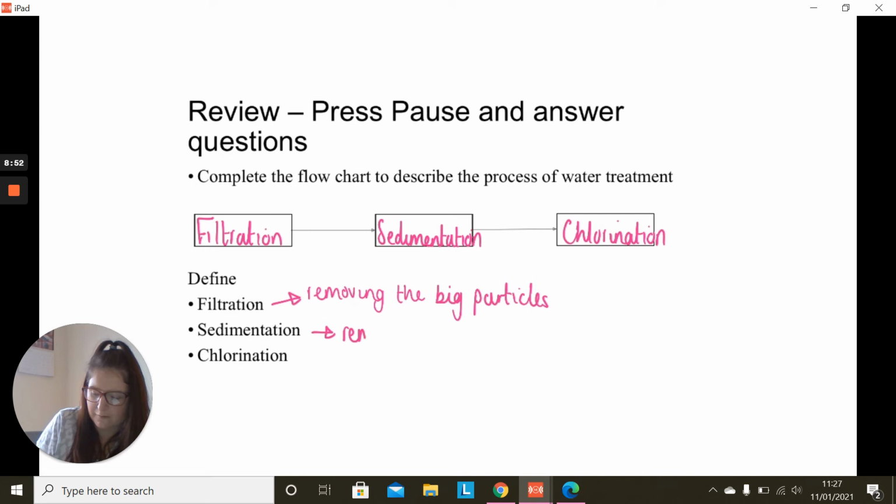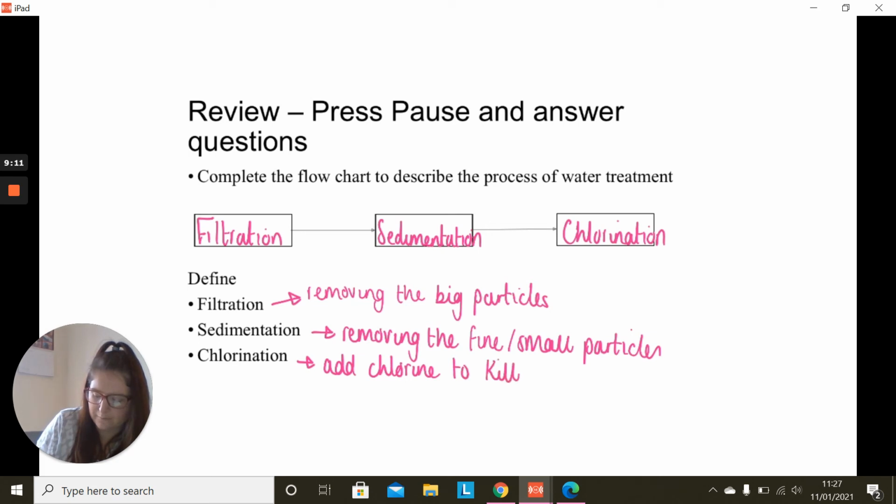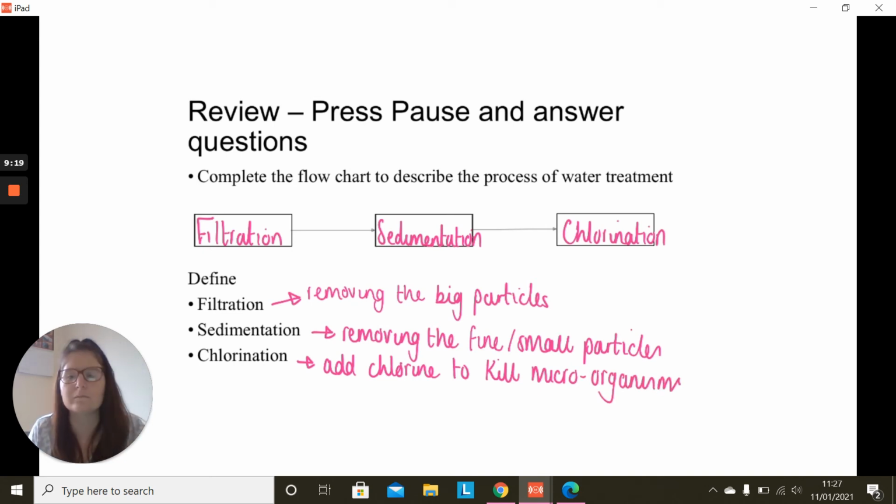Sedimentation is removing the fine small particles. And then we have chlorination, where we add chlorine to kill microorganisms. Okay, and that's all we need to know for that bit.